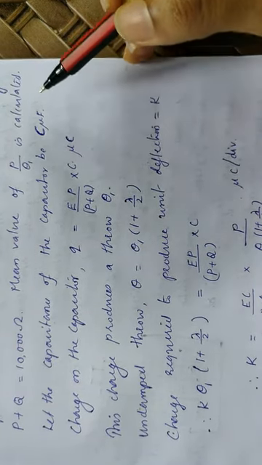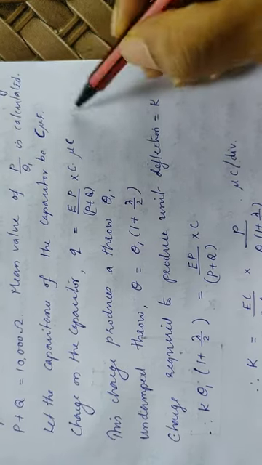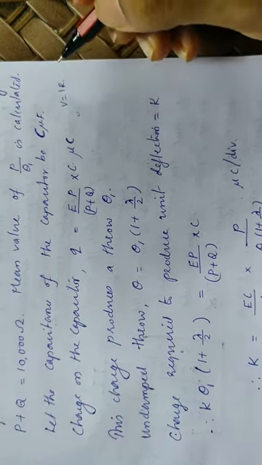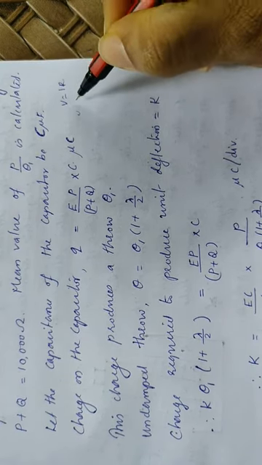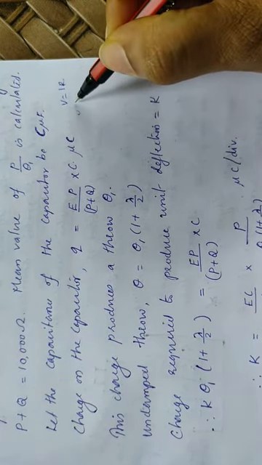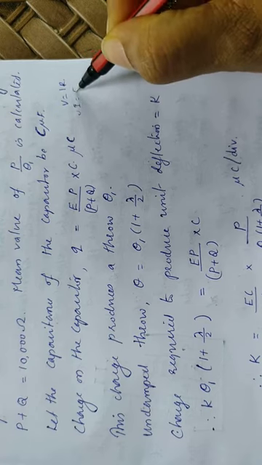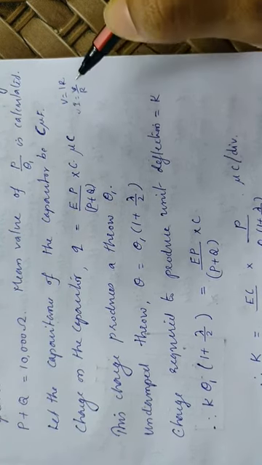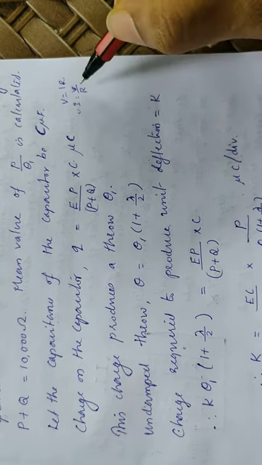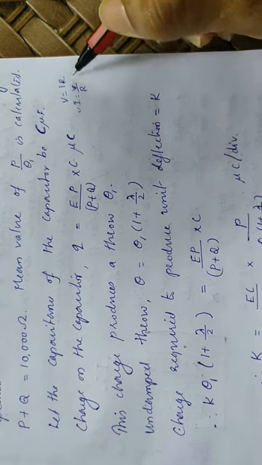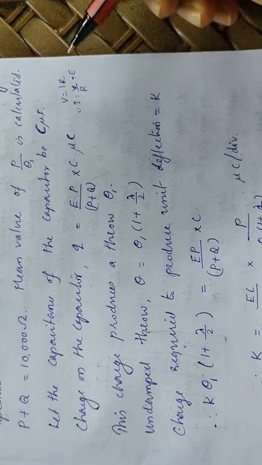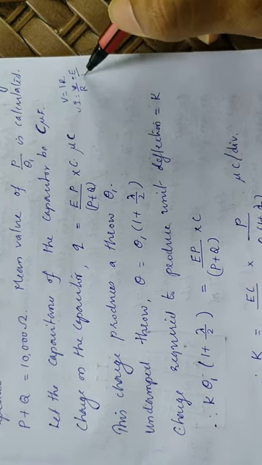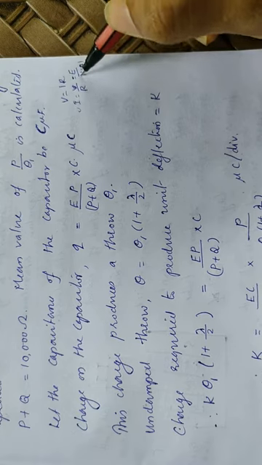This formula comes from V equal to I into R, so that I is V by R. So V is E and R is the combination of P plus Q. So P plus Q will give you the resistance.